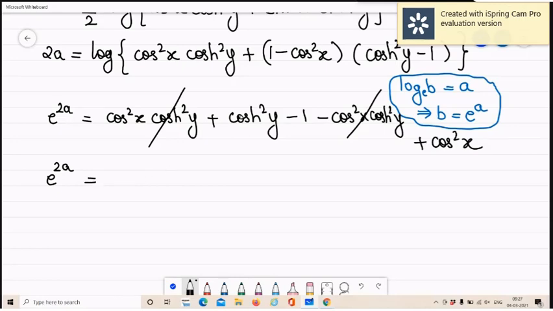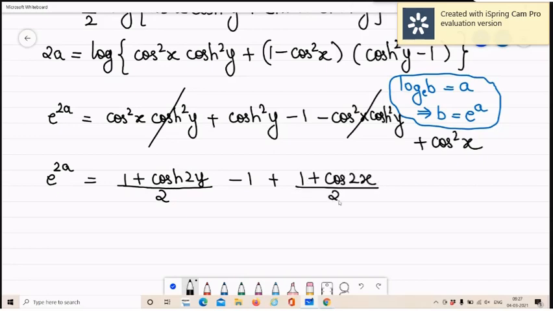Now what is cosh square y? That also we will substitute. So what is cosh square y? That is 1 plus cosh 2y upon 2, minus 1 plus cos square x, which is also 1 plus cos 2x upon 2.